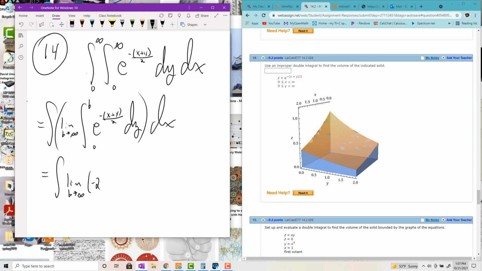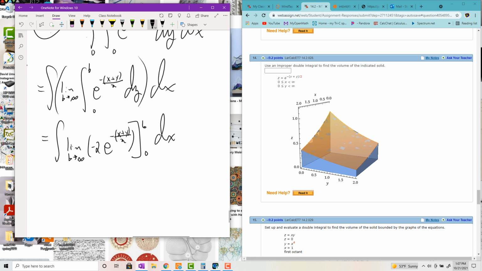And I know I shouldn't be doing stuff in my head anymore. I think I lost my credentials on that last problem, but there it is. Negative 2, basically it would be e to the u, back subbing e to the negative x plus y all over 2 from 0 to b, and then dx.